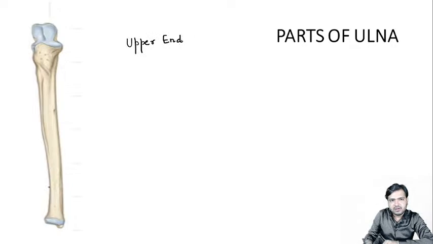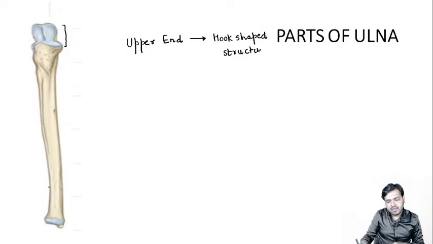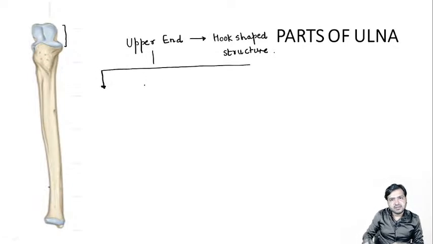Remember that the upper end looks like a hook shaped structure. So write down that the upper end is basically a hook shaped structure, and it is divided into three major parts.